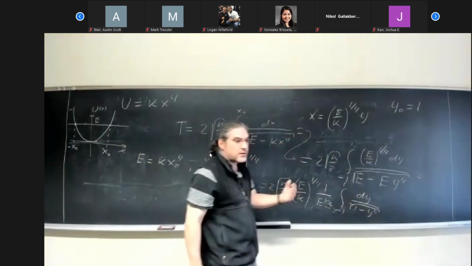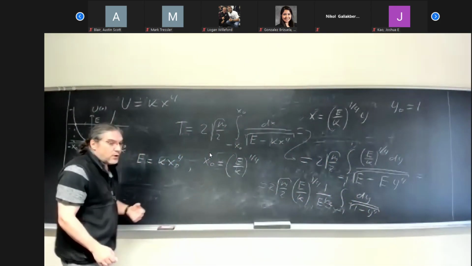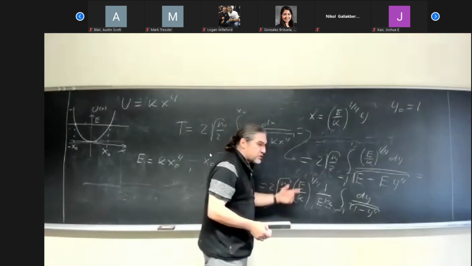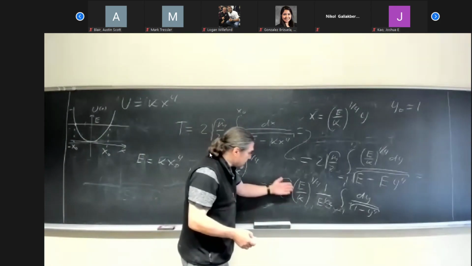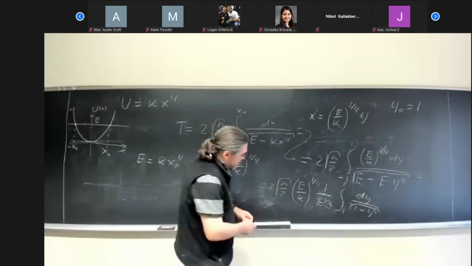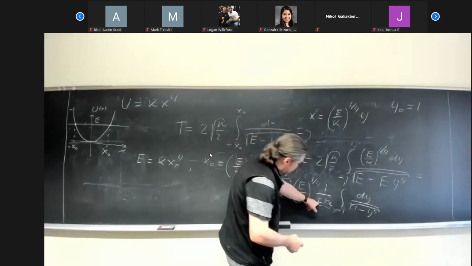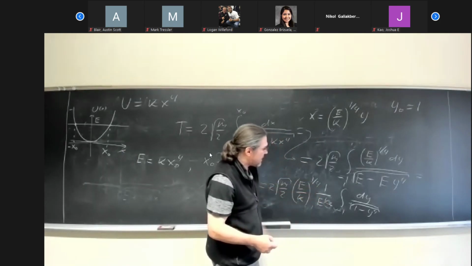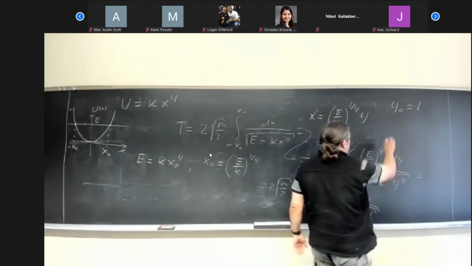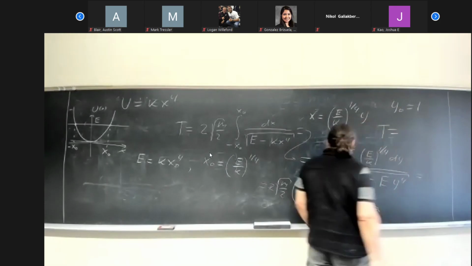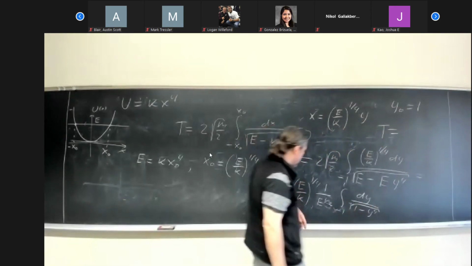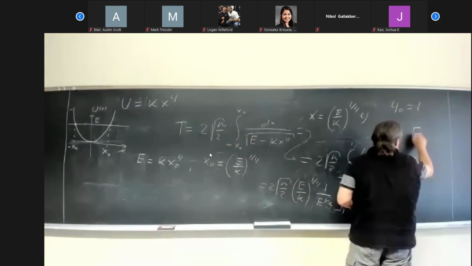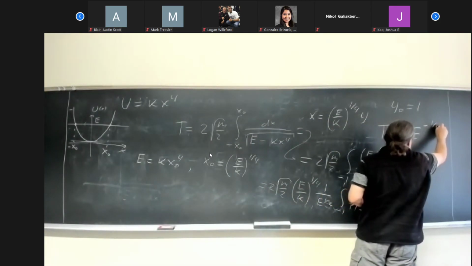It's just a number. But the question was how the period depends on energy. So looking at this, what I can see is that I have E in -1/2 power here, and I have E in 1/4 power here. So the answer is that the period is proportional to energy to the power -1/4, right?